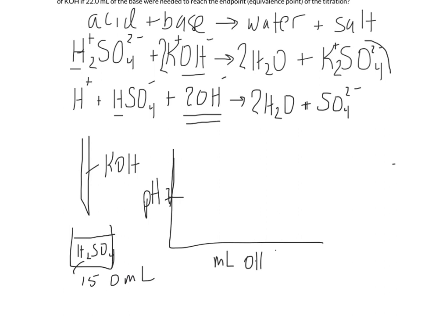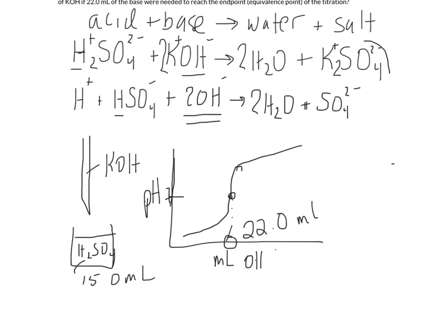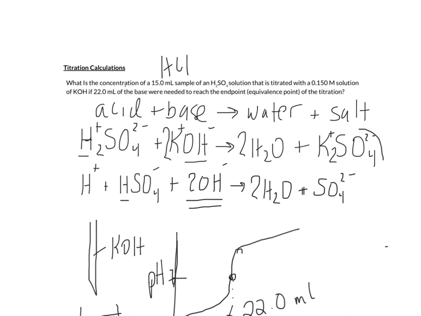We would have an inflection point at pH 7 where the midpoint jumps, because this is a strong acid and base. And if we follow this down according to the problem, the milliliters at the equivalence point is the 22.0 mL of our base added. So let's scroll back up and take a look at this problem.